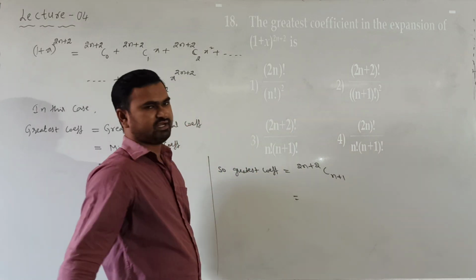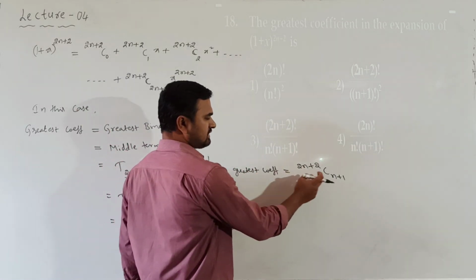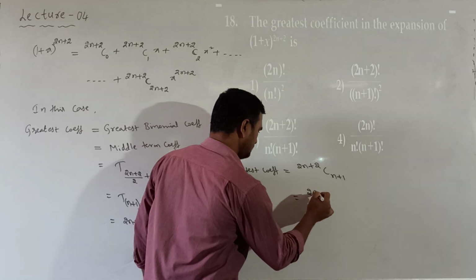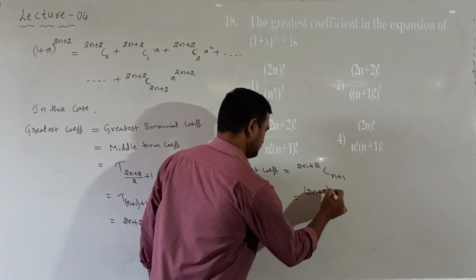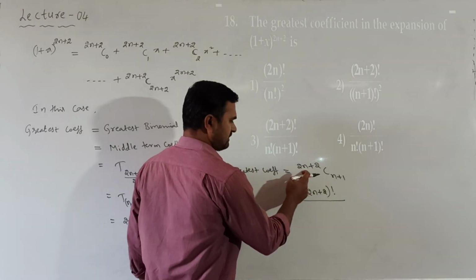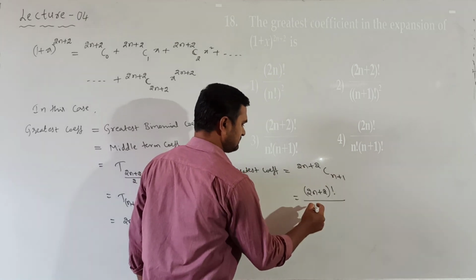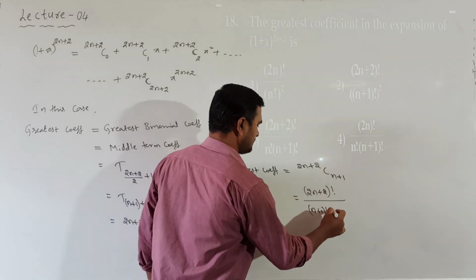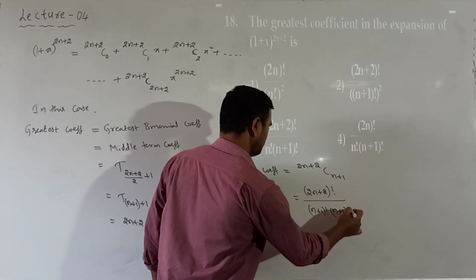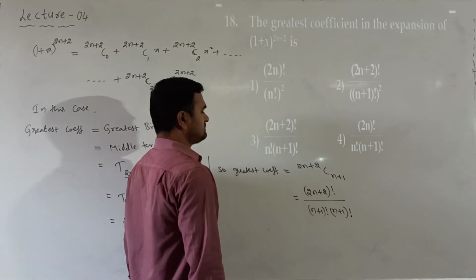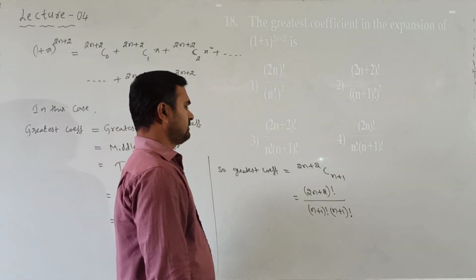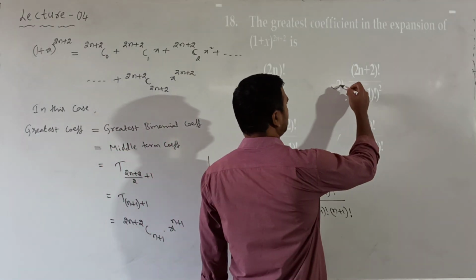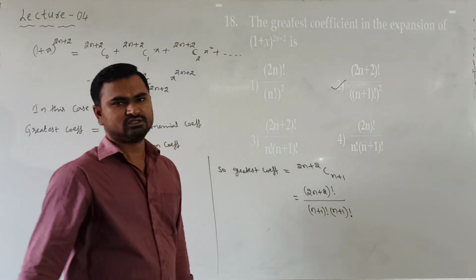But options are not given like this. So expand nCr, which is n factorial divided by (n - r) factorial into r factorial. So the required answer will be (2n+2) factorial divided by ((n+1) factorial) squared.